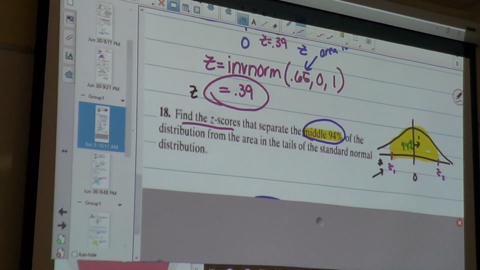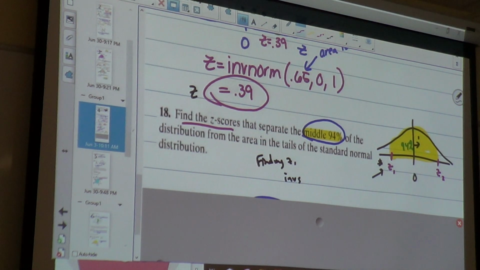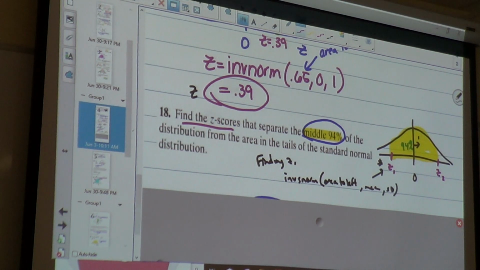Is this a norm or an inverse norm? We're finding Z1, so we're going to use an inverse norm, which means we need the area to the left, comma, mean, comma, standard deviation. How am I going to get the area to the left?